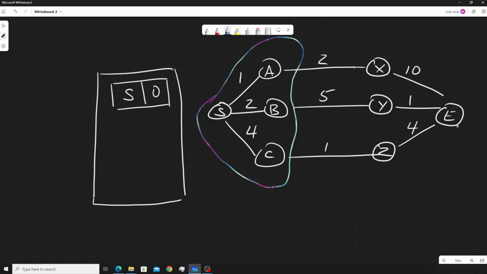So essentially we consume this element and we add A1, B2, and C4 to our priority queue. And of course we order them from smallest to largest.